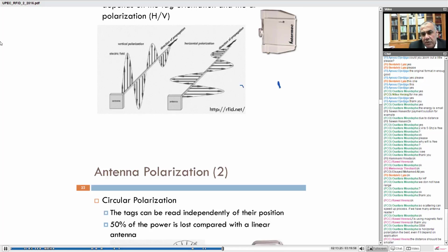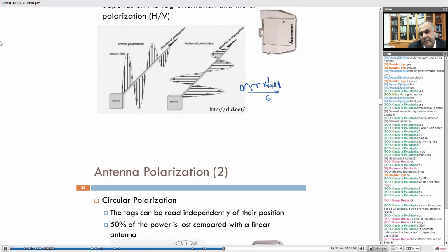For example, if you know that your tag is here, and you have your antenna here, you know that it is in the same position, and it is fixed, and it is well defined, and so on.